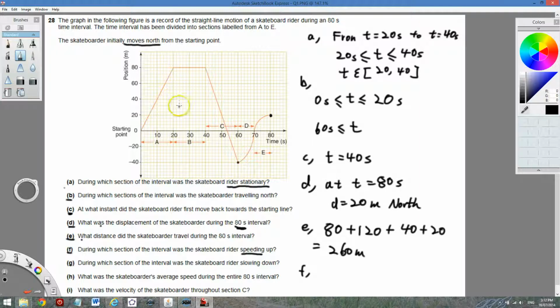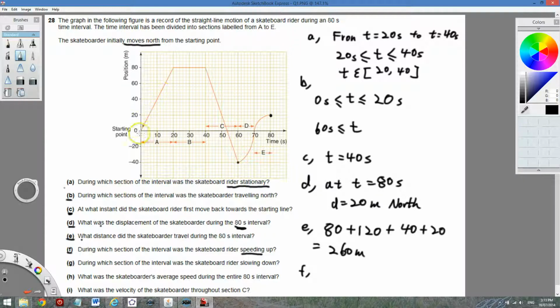If you look at this graph for the first 20 seconds, the speed is constant. The gradient of this linear line is constant, because its position is increasing at the same rate. The rate of change is constant.